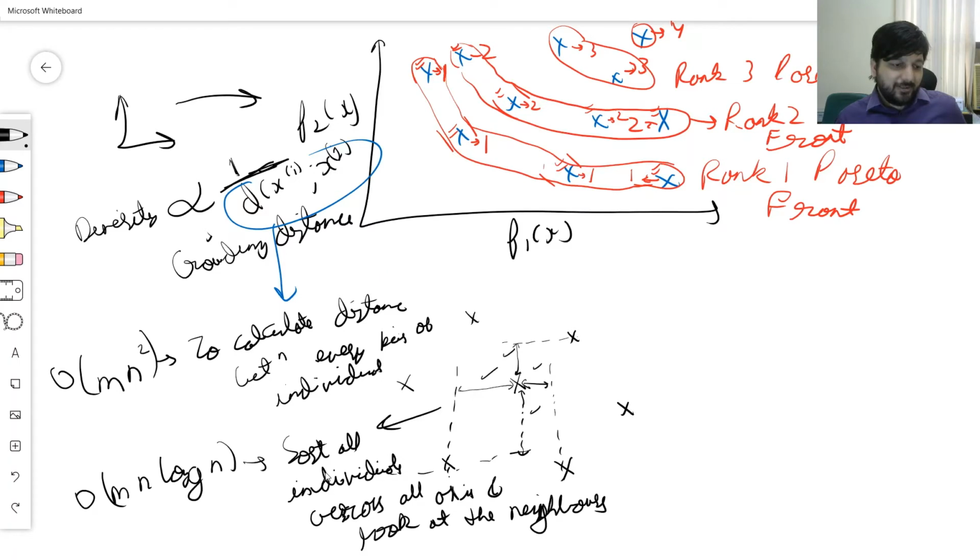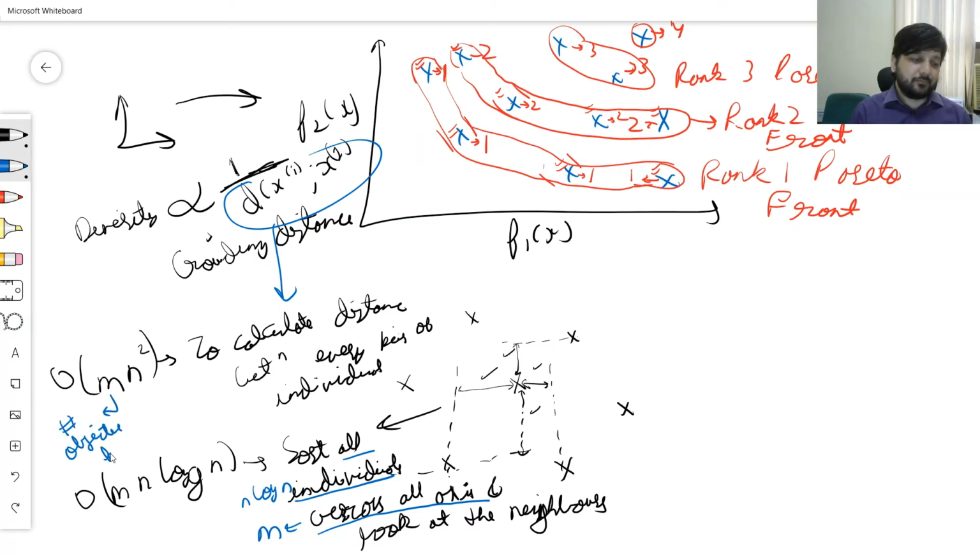So you sort all individuals, which is n log n, across m axes, m being the number of objective functions, and n the number of individuals. So that's just a small complexity issue.